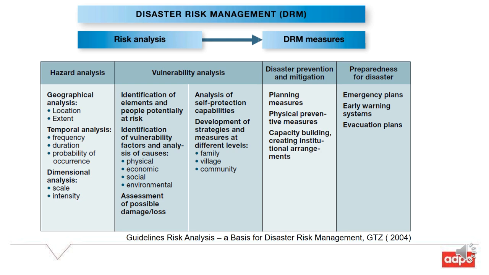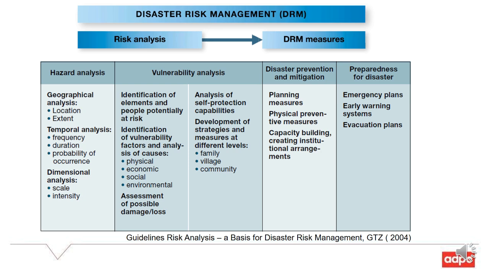Dimensional analysis will show scale and intensity, whereas the vulnerability analysis will show the identification of elements and people potentially at risk, with the identification of vulnerability factors and analysis of causes of physical, economical, social, and environmental vulnerabilities, assessment of possible damage and loss, and analysis of self-protection capability.